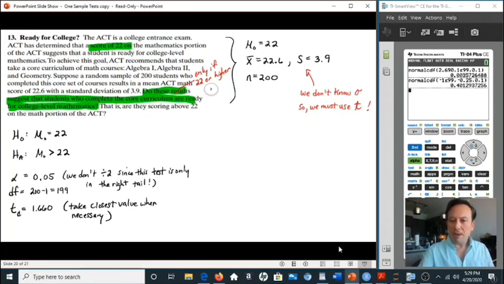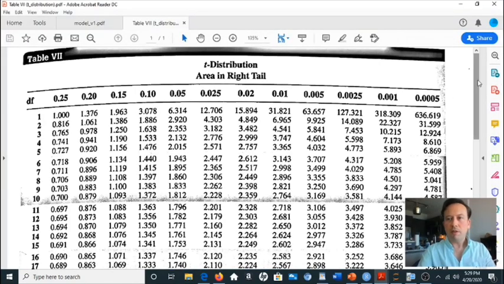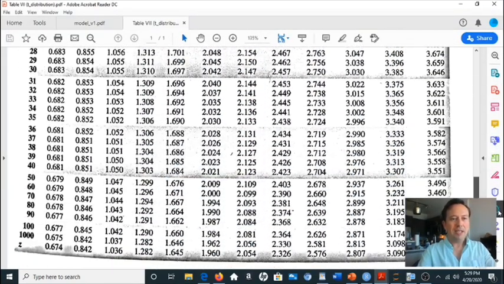I want to show you the table here real quick because when you try to find the row with 199 degrees of freedom, there isn't one. You get down to 100 and then it skips to 1,000. Since our degrees of freedom is not contained in the table at 199, you take the one that's closest, and 100 would be closest, not 1,000.